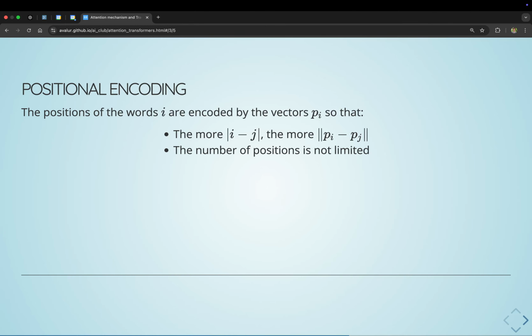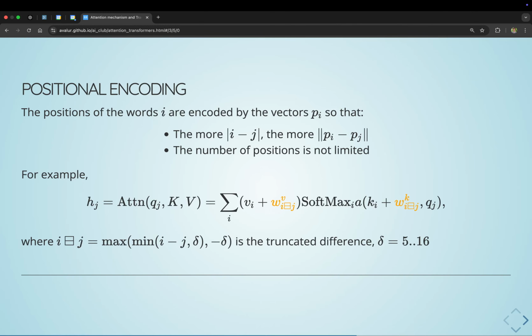You've seen the pi, which we added to x's to get hi. Nowadays, for calculating positional encoding, we usually use a very simple attention block.